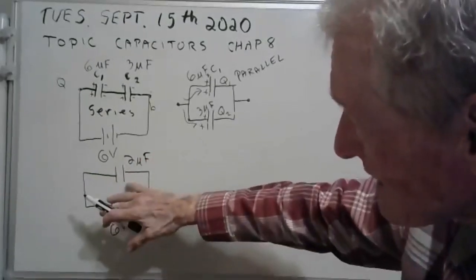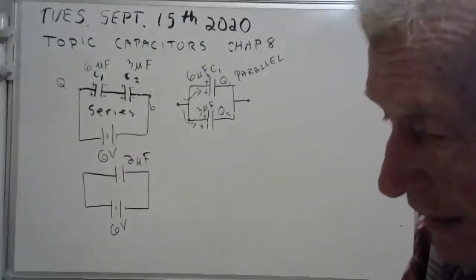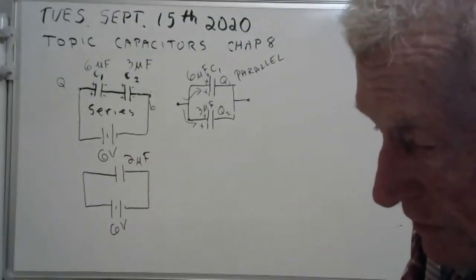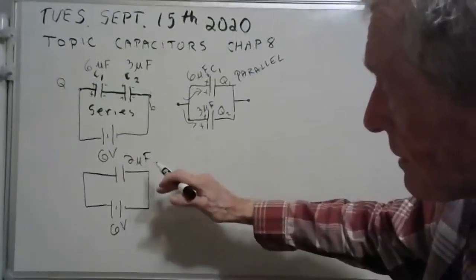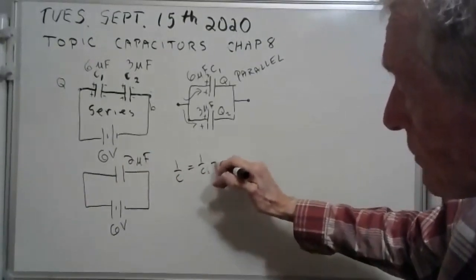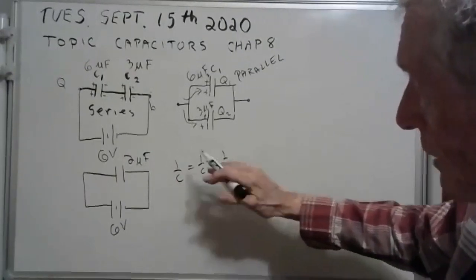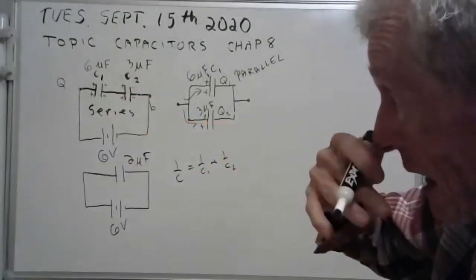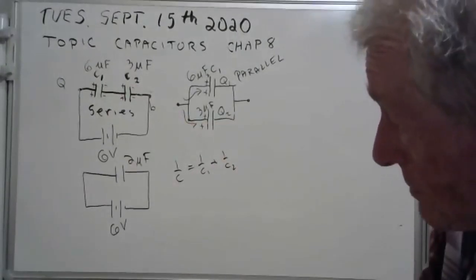Do you understand? That's the equivalent capacitance. If you forgot how we did it, we went 1 over C equals 1 over C1 plus 1 over C2. And we plugged in our numbers, and we got 2 microfarads.